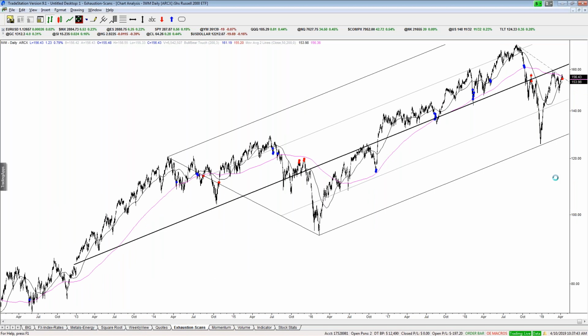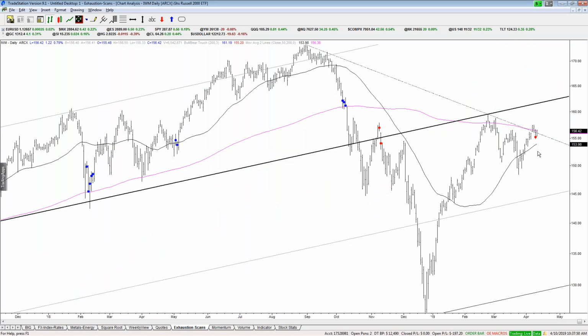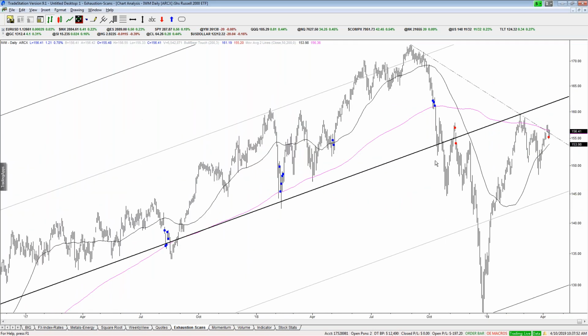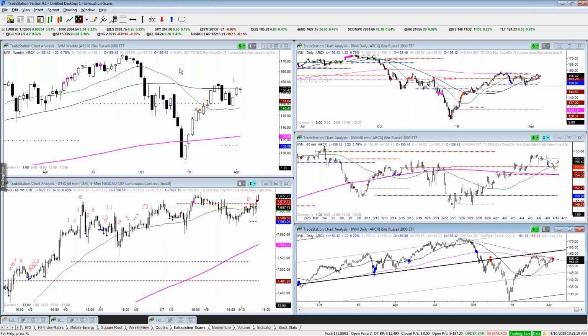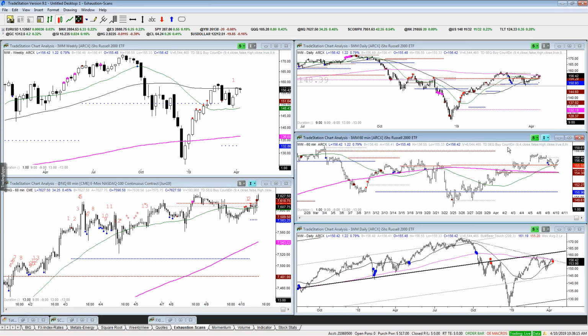IWM, which is the Russell 2000 ETF. We also got a sell warning there. Now we're up pretty good today, but I'm just saying you pay attention to this. You had some pretty good ones back here in 2015, really good buy opportunities. This one, not so much. That's why we use stops. Sell opportunities, and we're back on a sell opportunity. So I thought it was interesting that they did trigger, and you've got potential for some important sectors, right?